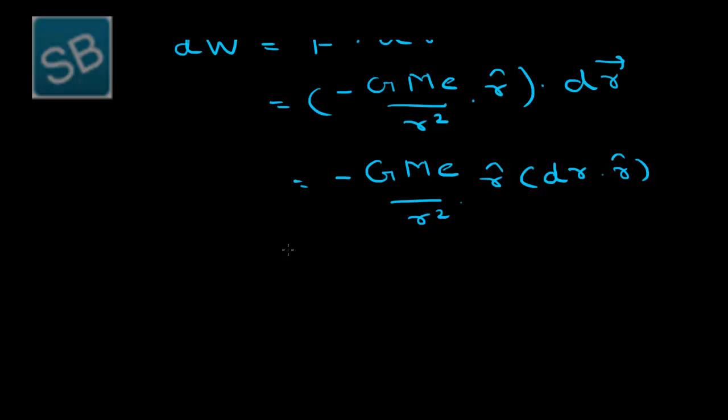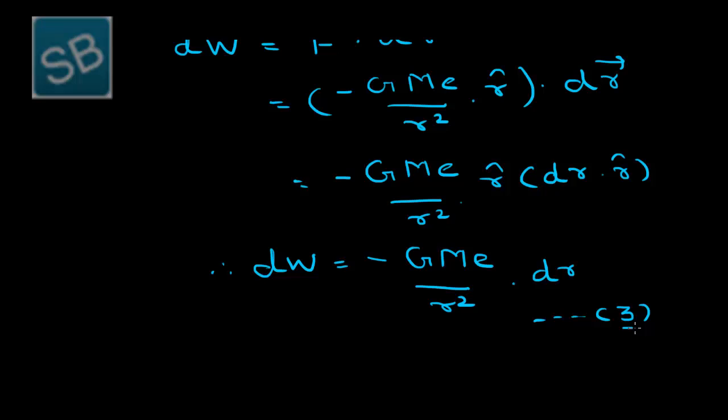And so my formula for work done over the small displacement in which the gravitational force is constant, that is minus G Me over r square into dr, because the value of r cap into r cap is 1. And so this is my second equation, second important result.